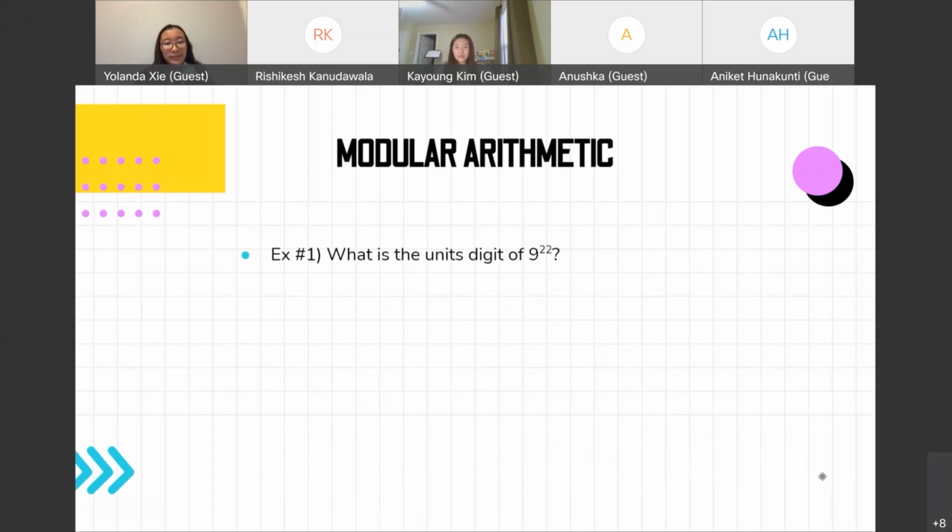Okay. So, first problem, what is the units digit of 9 to the 22nd power? Our very first step is to figure out what pattern the powers of 9 have.